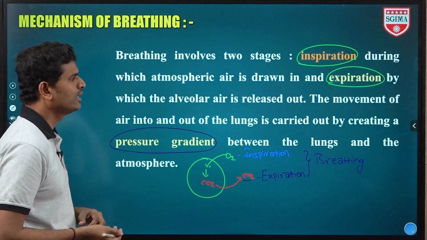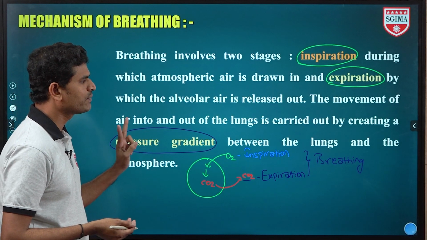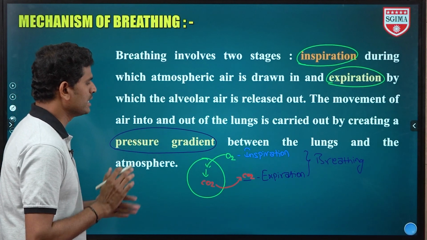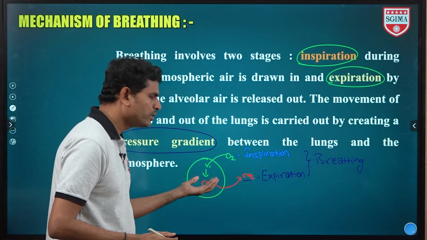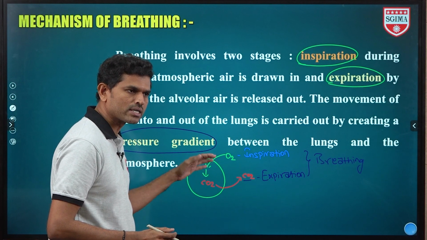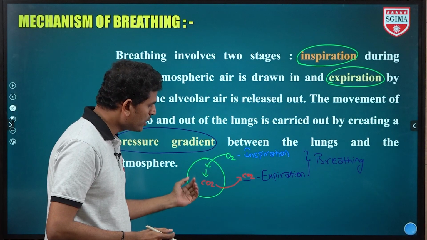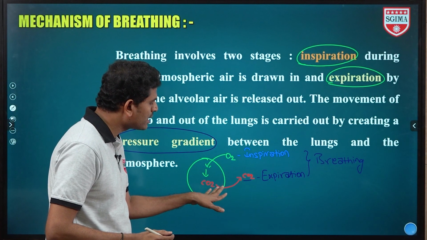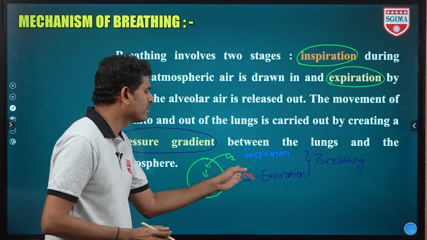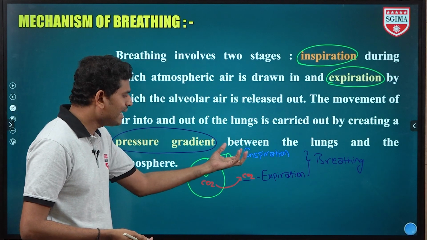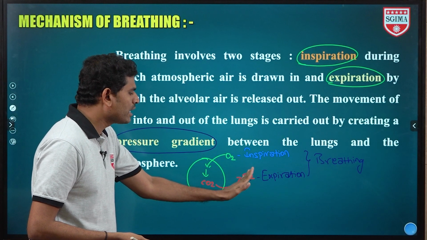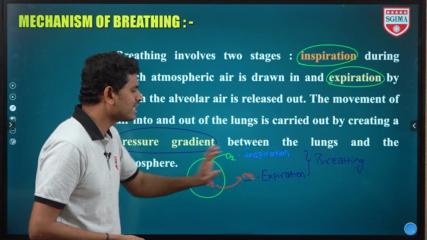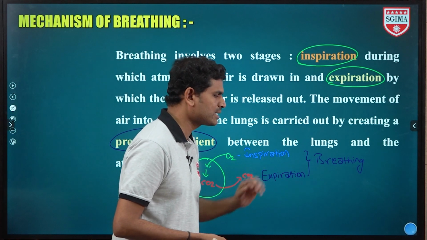So in this slide, we have to remember two points or statements. First thing is, during inspiration, air will be taken in by the organism, oxygen will be trapped and utilized, and it produces carbon dioxide. That carbon dioxide will be sent outside. Drawing in is known as inspiration and expelling of the gases is known as expiration, combinedly known as breathing.